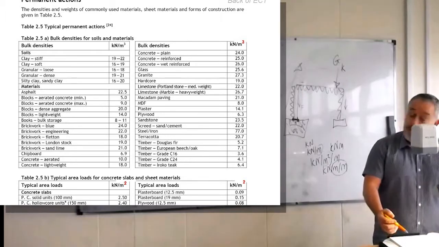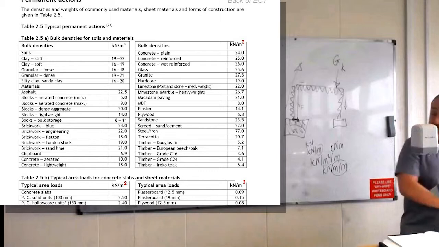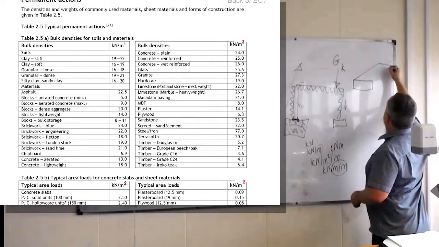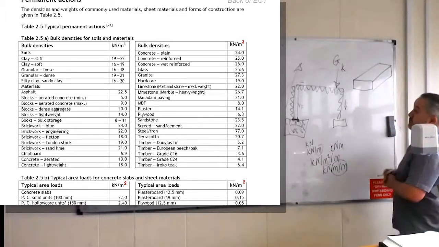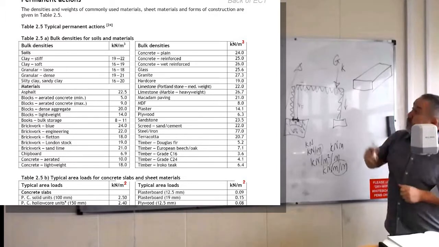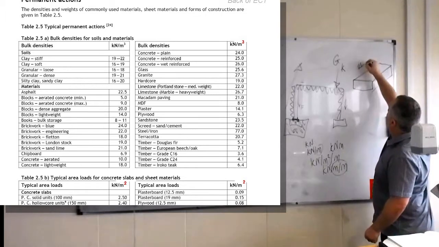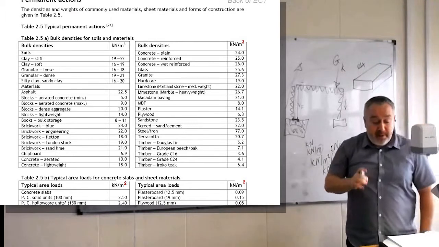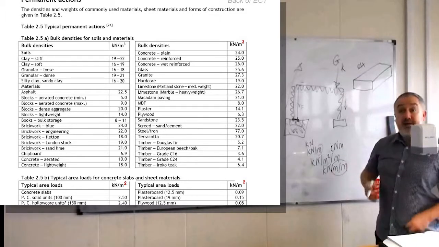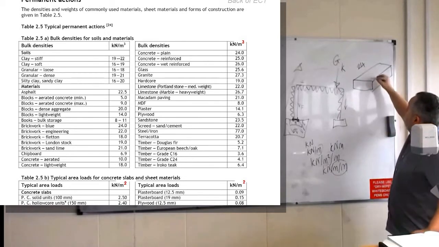So if we're designing a slab of concrete, so let's say that's a beam, and we've got a volume, we can go to plain concrete, so it's 24 kilonewtons per meter cubed. If we multiplied it by the volume, we'd get the total load in kilonewtons from that beam.